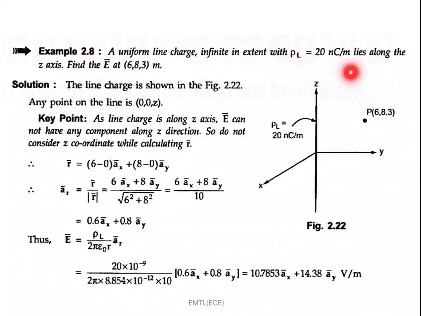In the problem, the ρL value is 20 nanocoulombs, so to convert nano into coulombs, multiply by 10 power minus 9. So 20 into 10 power minus 9, and 2π into the ε0 value. Here the unit vector ar bar is substituted. Finally the electric field intensity vector at the point P due to the line charge density is 10.7853 ax bar plus 14.38 ay bar volt per meter.